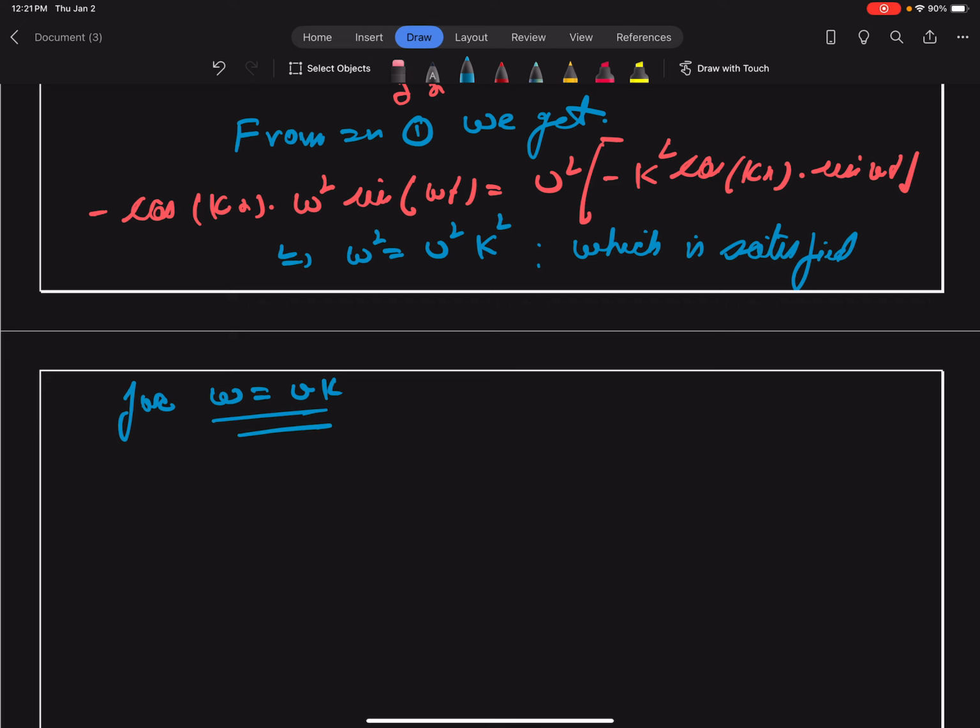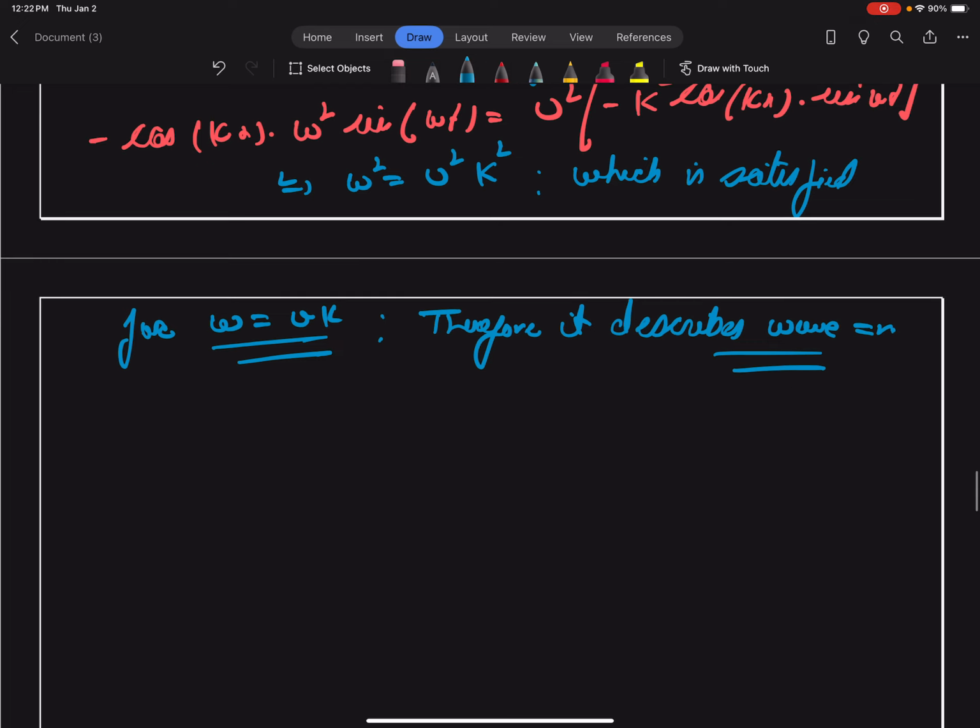Therefore, it describes a standing wave, a wave equation. That means option number A is a wave equation.